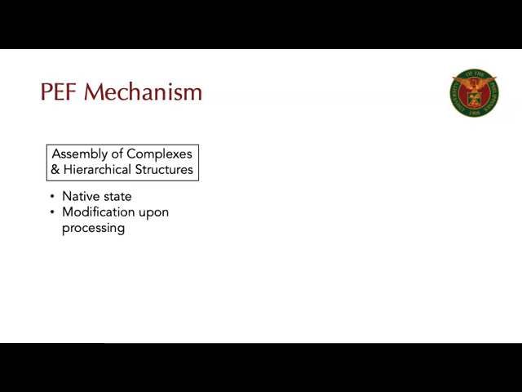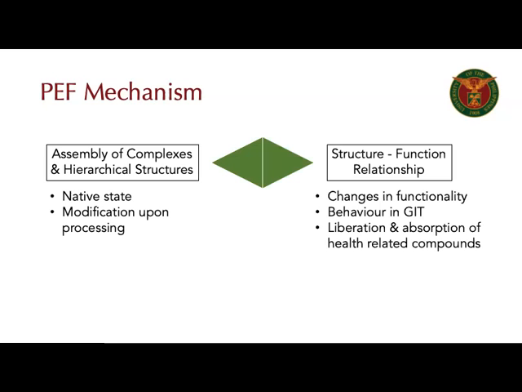We are also aware of the structure-function relationship. When we say, quote-unquote, structure of a material, this refers to the assembly of complexes and the different hierarchy of structures in it. The structure of the native material, or the unprocessed or original state of a material, changes when we expose it to a different environment, or when we process it, or when it undergoes PEF treatment at certain effective levels.